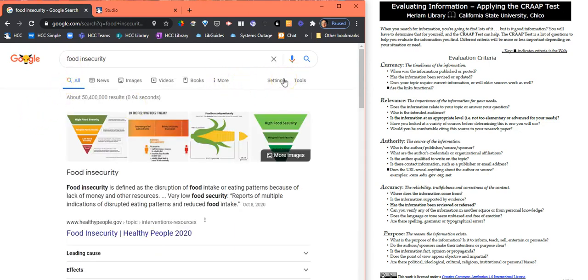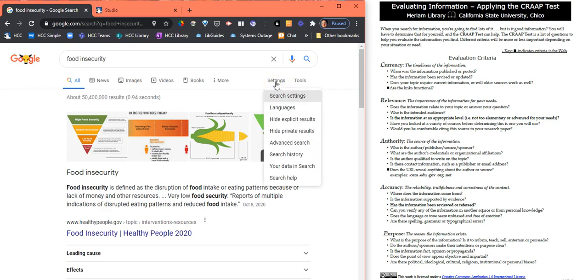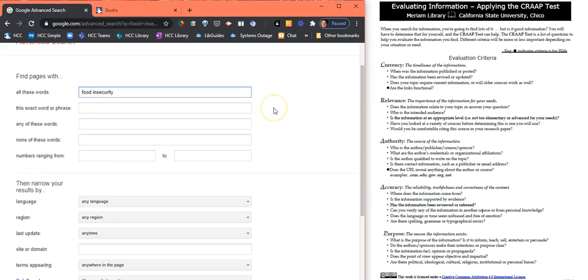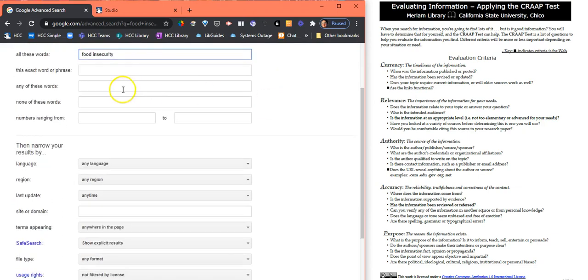Okay, so if taking a look at all of those is really difficult because there's quite a bit of information, we can also do some Google advanced searching. So let me end in this last part of the video doing that. So we can go to advanced search. And again, we still have to go through our evaluation criteria when we look at the results, but we can be a little more intentional with the information that we're looking for.